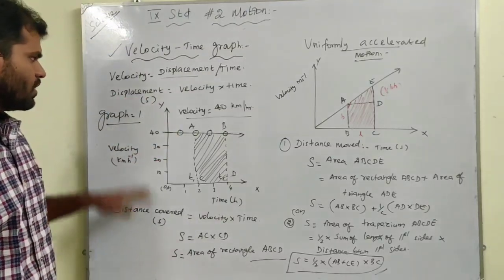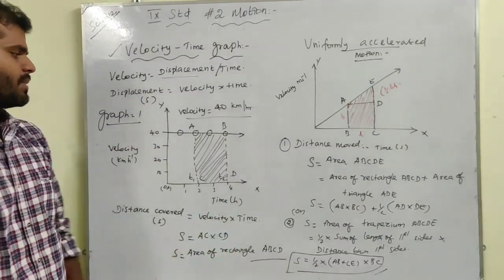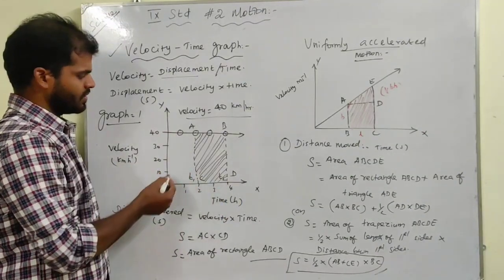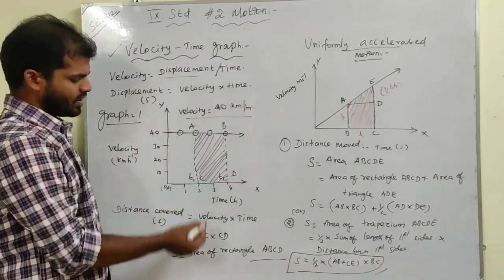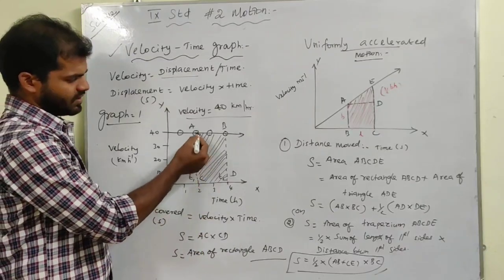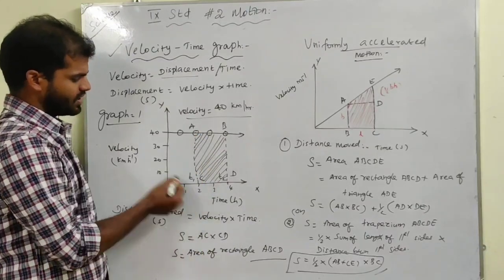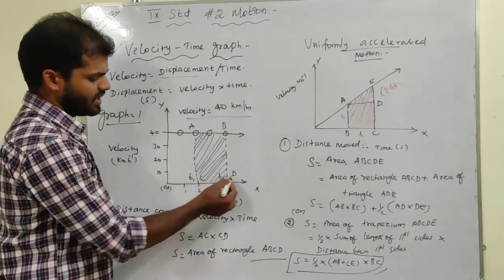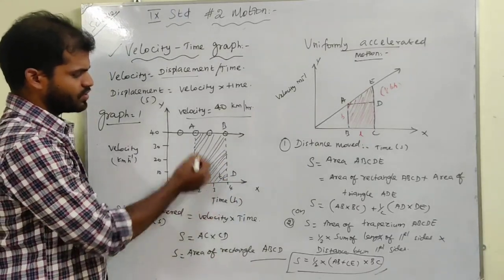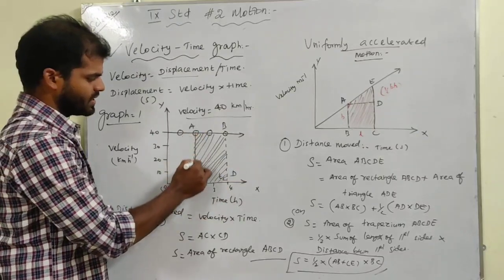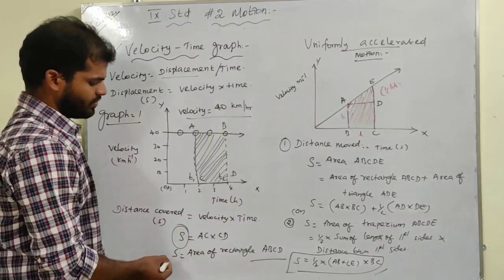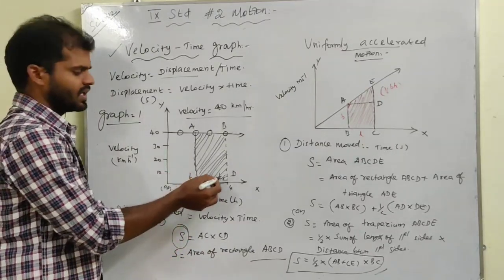Distance covered, or displacement, is equal to velocity into time. Velocity is on the y-axis, that is A and C, and time is on the x-axis, that is C and D. When you multiply these two, you get the area of the particular region covered, right?